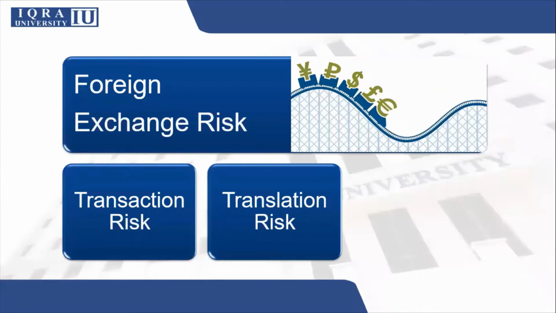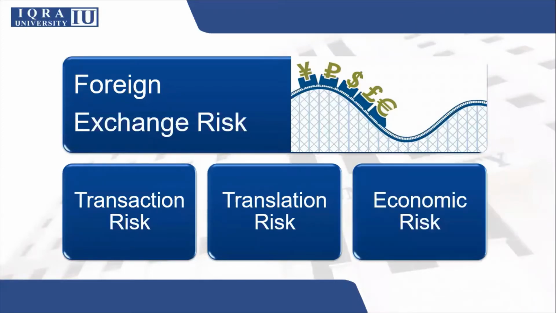Now we're going to discuss the third type of foreign exchange risk, which is our economic risk. Now, business will not only get impacted by transaction risk and translation risk, but they will also get impacted by economic risk, which means that the foreign exchange movements is going to have an impact on the competitive advantage of the business.